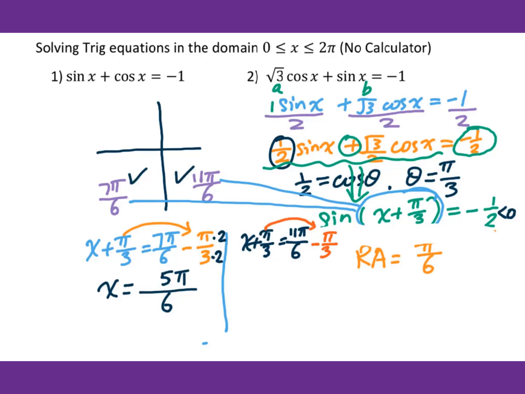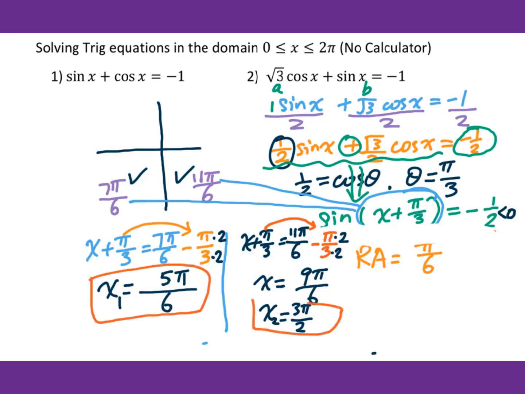Then I multiply by 2 the denominator and the numerator so that I can make the same denominator. 11 pi minus 2 pi, that's 9 pi. So x equals 3 pi over 2. This is your x1, here's x2. This is the final answer.